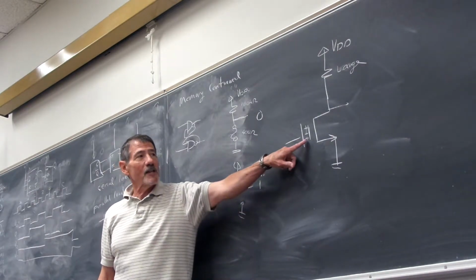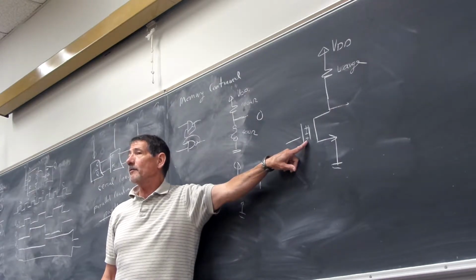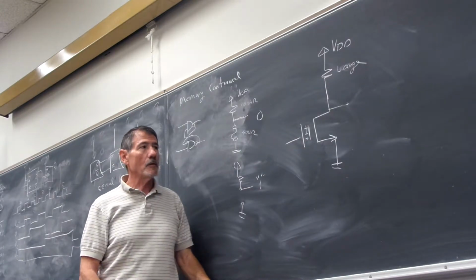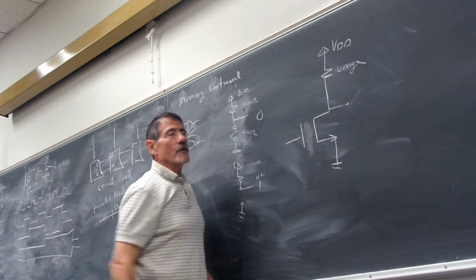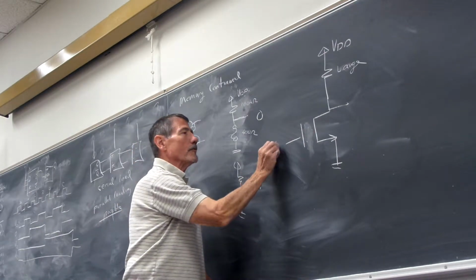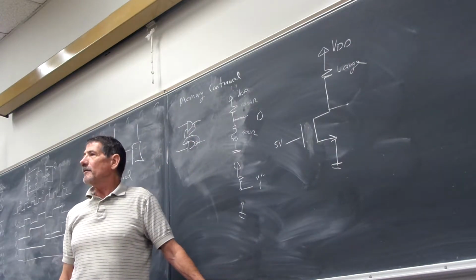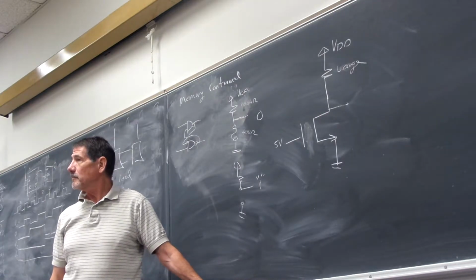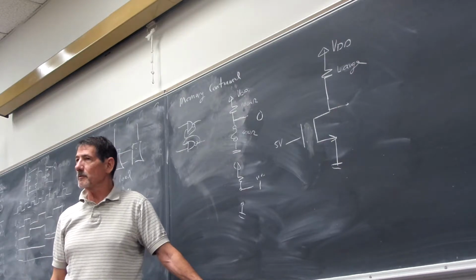So if that has positive charge on there, is this guy on or off? Okay, let's, no, wait a minute. Okay, I'm just going to forget that for the time being. I'm going to put 5 volts here, that device, the MOSFET on or off? What's its gate voltage? What's its source voltage? 0.